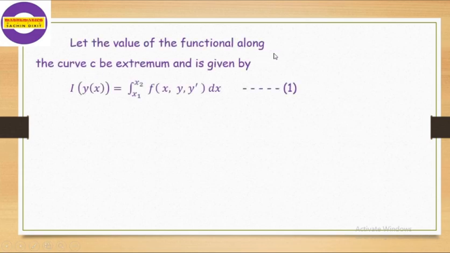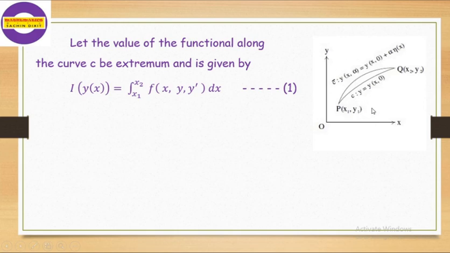Let the value of the functional along the curve C be extremum and be given by I of y(x) equals the integral from x1 to x2 of f of x, y, y dash dx. Equation number 1.